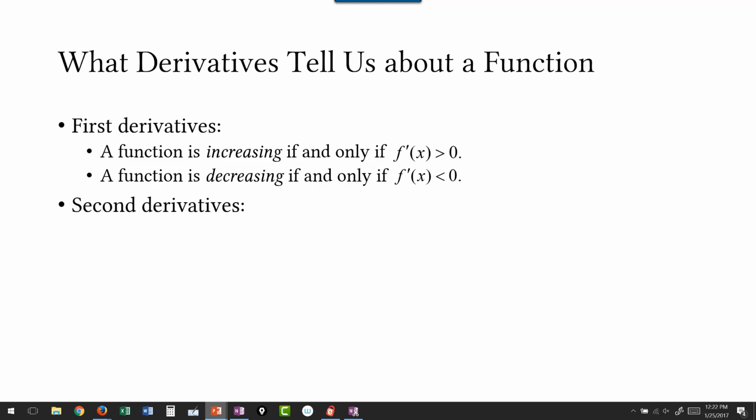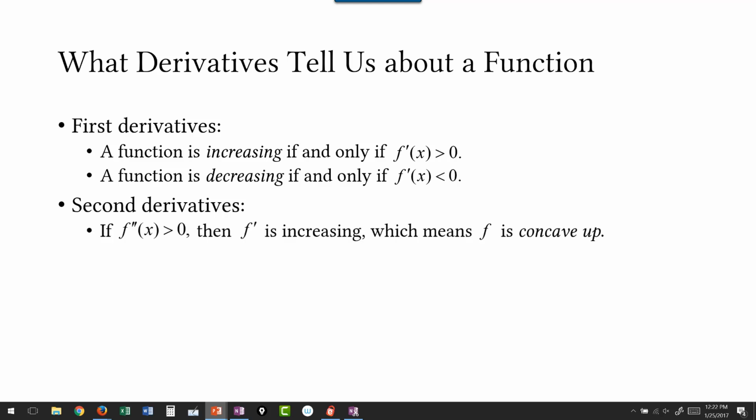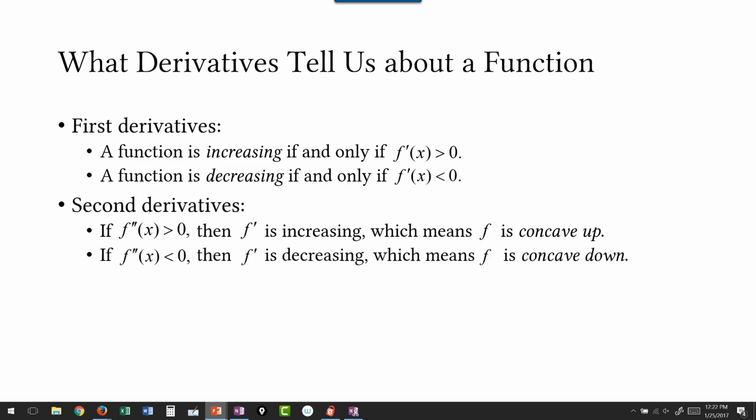If we look at second derivatives, that tells us about how the function's graph bends, or what we call the concavity. So if we have a positive second derivative, then that means the first derivative was increasing, and so we have a graph that's concave up. On the other hand, a negative second derivative means a decreasing first derivative. That means the function is concave down.